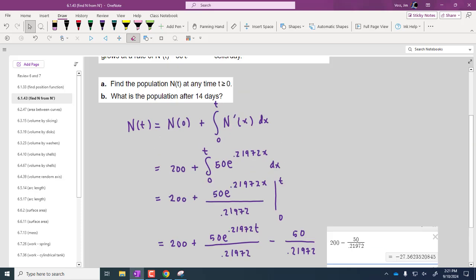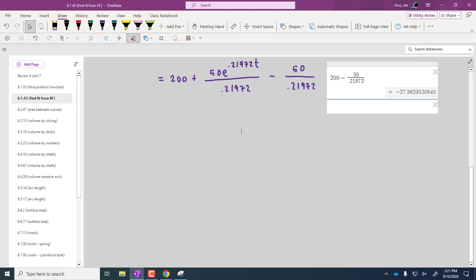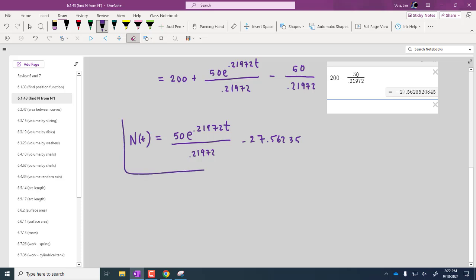On the test, it will tell you what to round to. And on something like this, because that went to 5 decimal places, I would probably say round it to 5 decimal places. So the final answer, the only thing we're really going to do is combine those constants. It's totally fine to leave this one as it is if we're going to round to 5 decimals anyway. So we would end up with that. So there is our function of t. This is our population at a future t value.